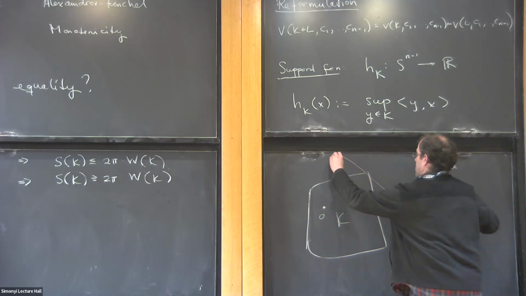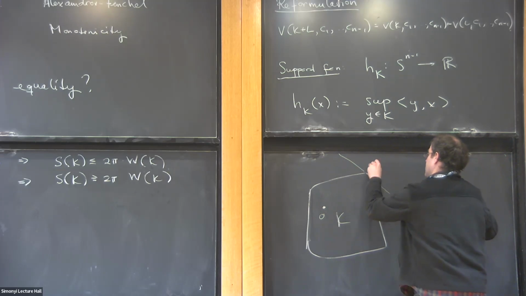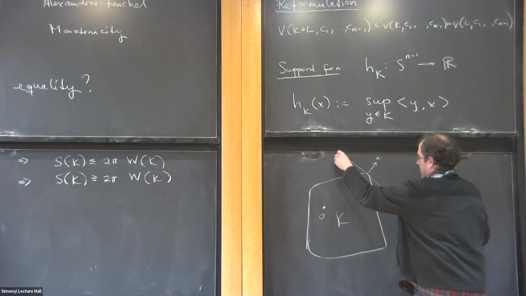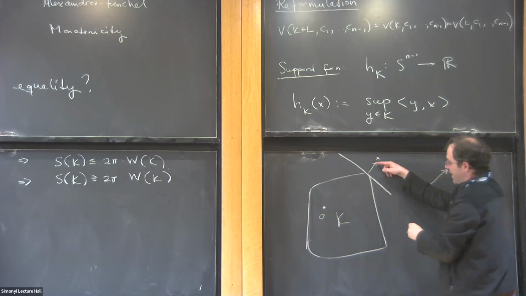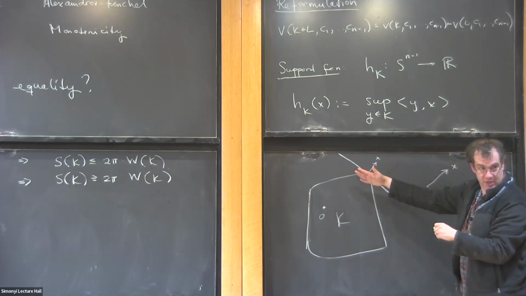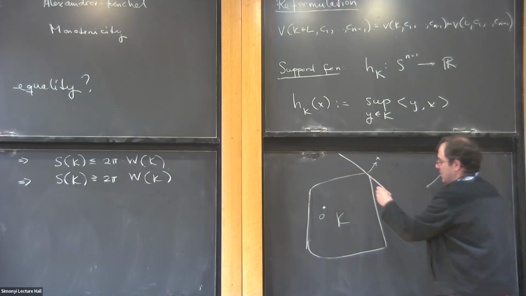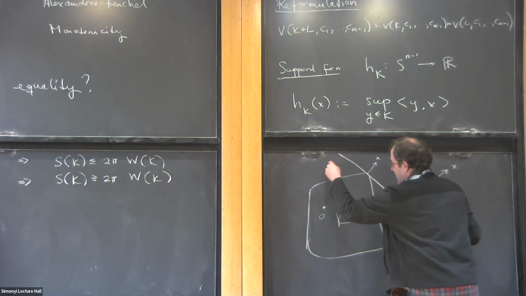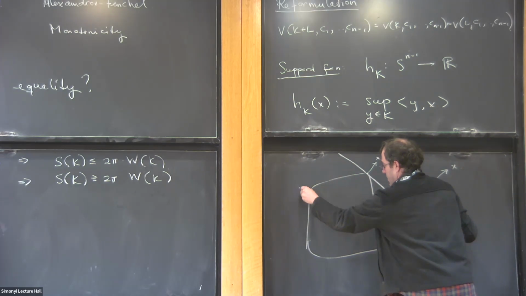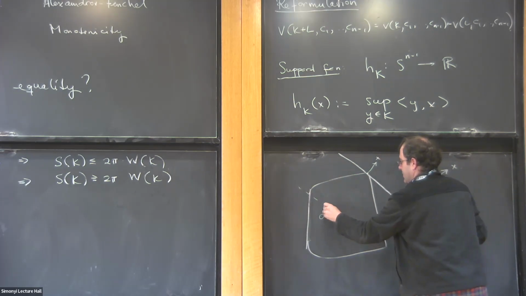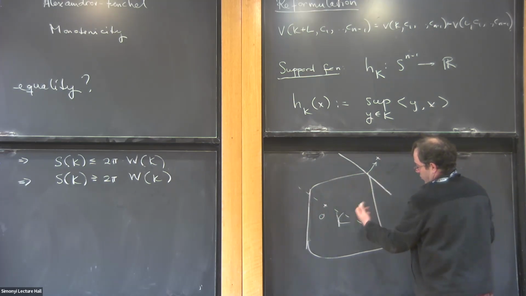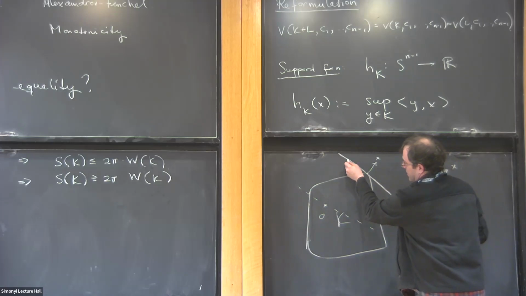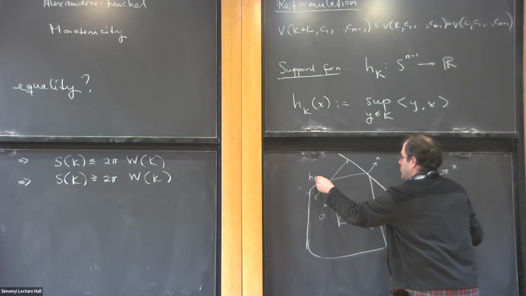It's this one. This is the hyperplane with normal direction x that touches the body. It's called the supporting hyperplane of the body. And we can take the distance of this hyperplane to the origin. Let me draw another one of these planes for the origin with the same normal. So this distance over here is h_K of x.